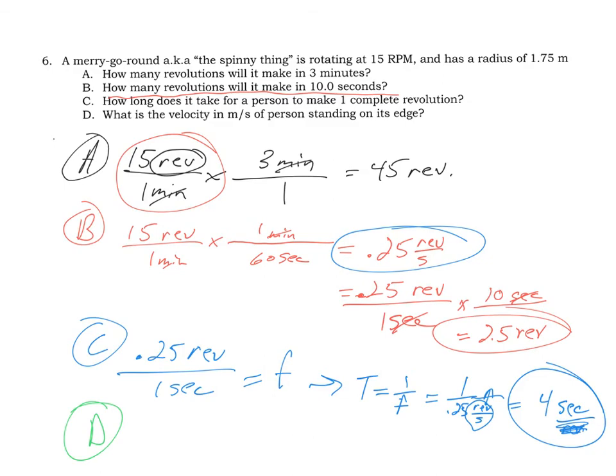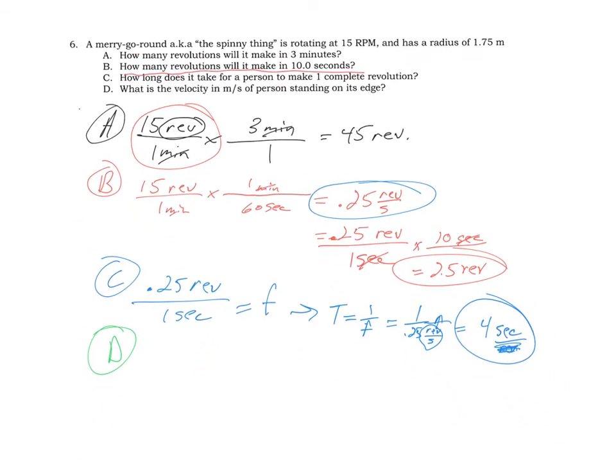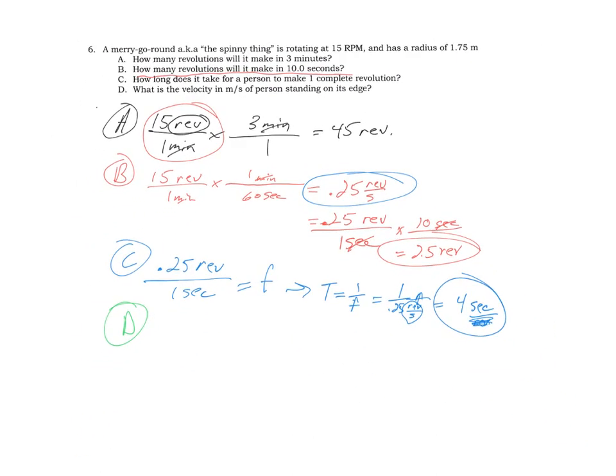Let's get a little room here, sorry. All right, so this one is V equals angular velocity times radius. I don't have angular velocity. I have up here revolutions per second.